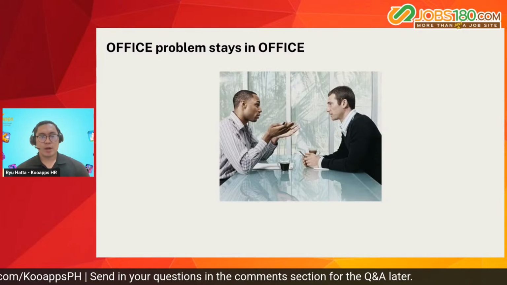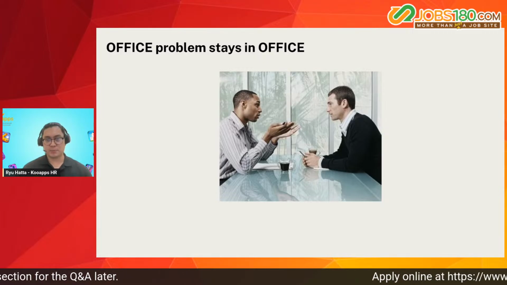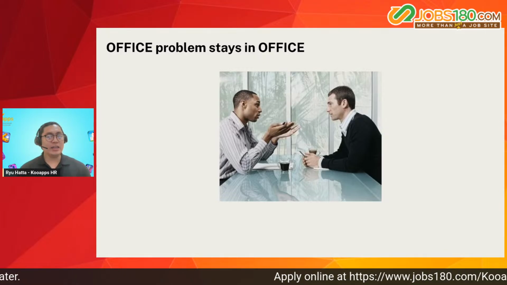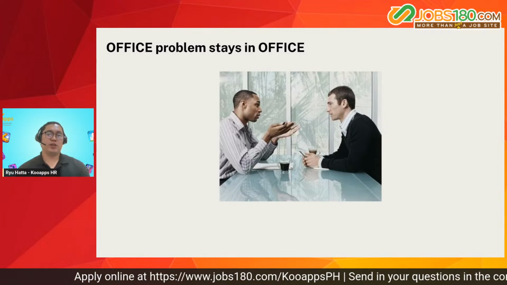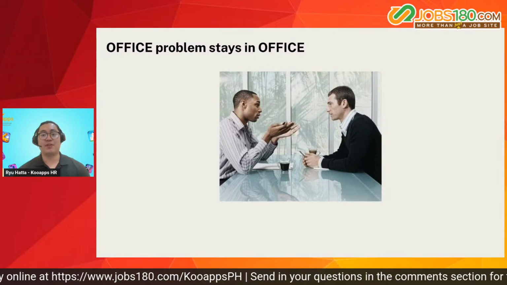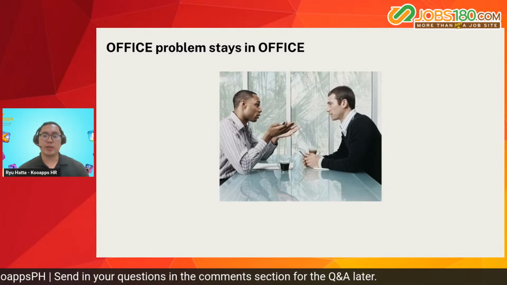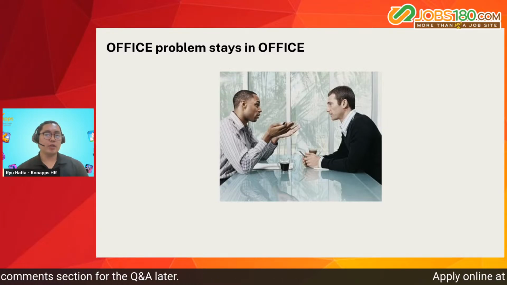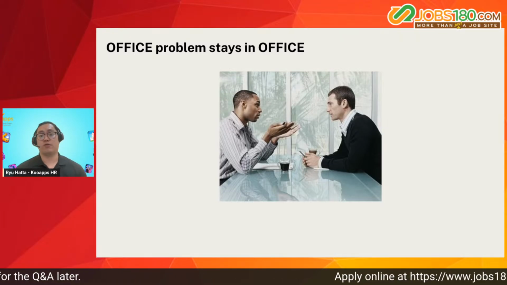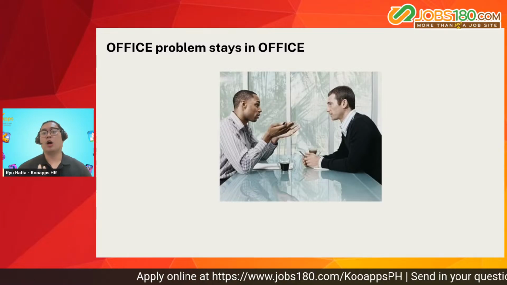However, once it's a problem situated in a work setup or inside your office, it is highly discouraged to disclose it to other people, not just for the sake of data privacy or the privacy of your company itself, but rather because the problem occurred in the office, its point of origin is within the office, and it's hard to find a solution outside of the office. Mainly again because its point of origin erupted in the office.